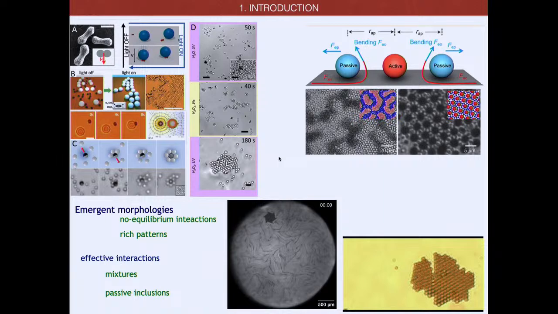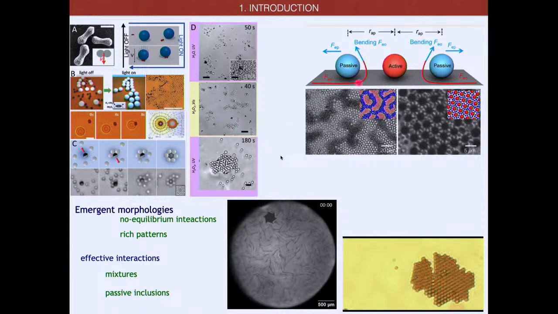When they are out of equilibrium, the effective interactions are qualitatively different. As a result, that opens the possibility to manipulate them into structures that are not possible in equilibrium. I think that's really a new opportunity in this type of systems.